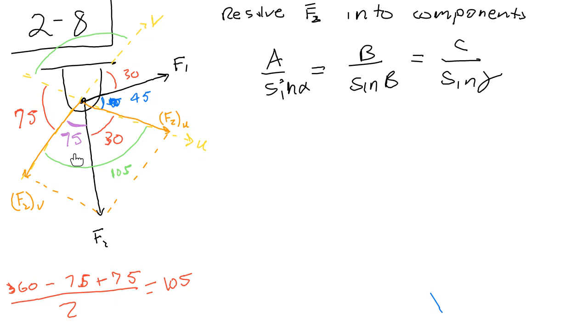Because we know everything about this angle now. We know that this is 75, so this is 30. I think over here is 75, and down here is 30. All right. So then over here is also 75. And then down here is 30.